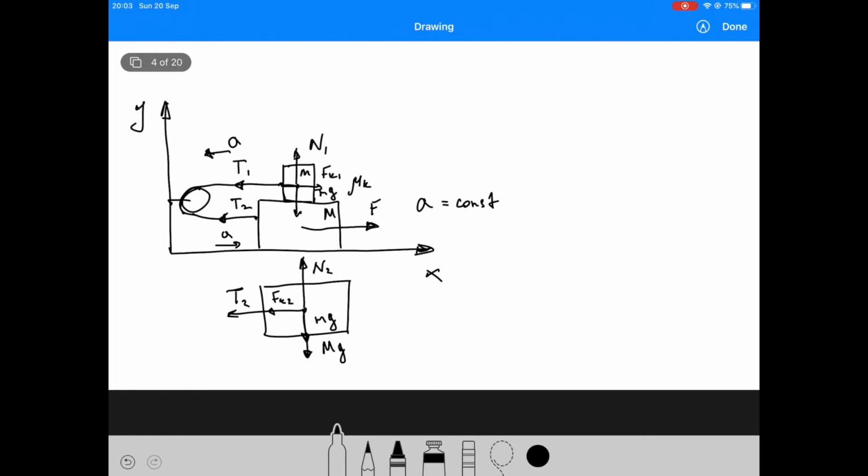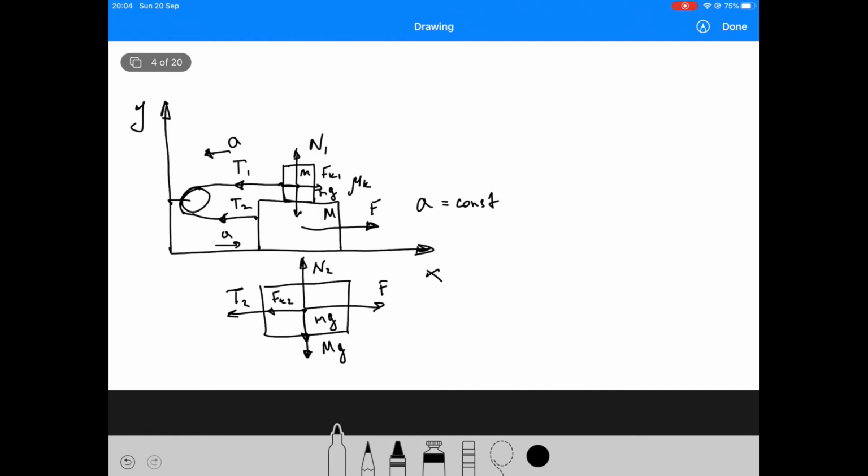So keep in mind that there is no friction between the bottom body and the plane on which both bodies are located. Okay, and also we have some driving force F, which moves the body.